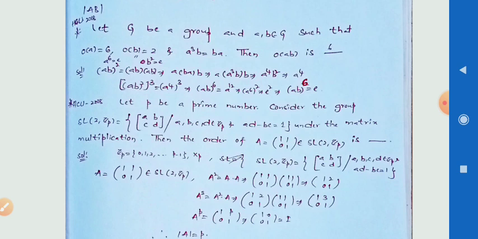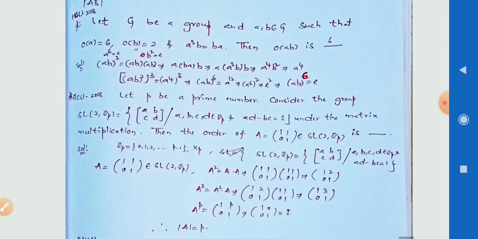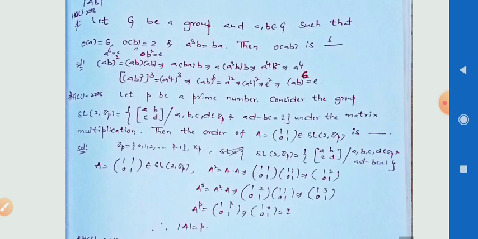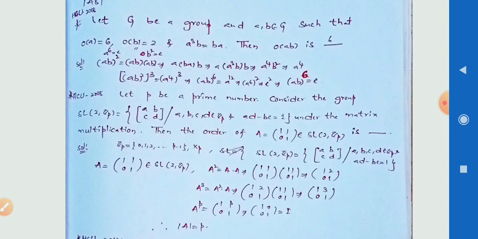Then the order of matrix A is equal to, where the matrix 1 1 0 1 belongs to SL(2, Zp). Here the question is asking for the order of the given matrix 1 1 0 1.